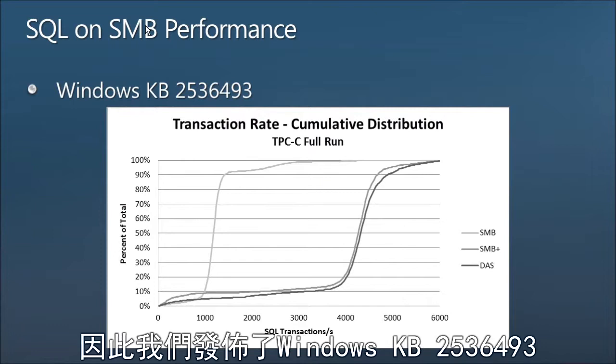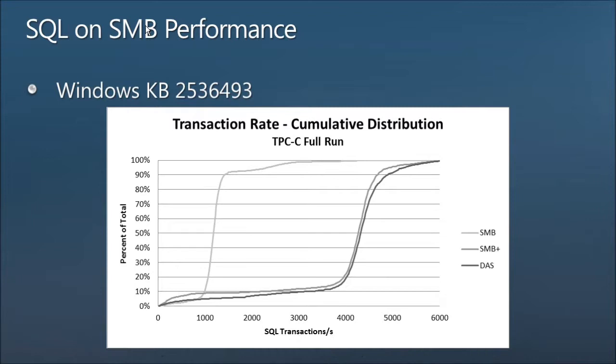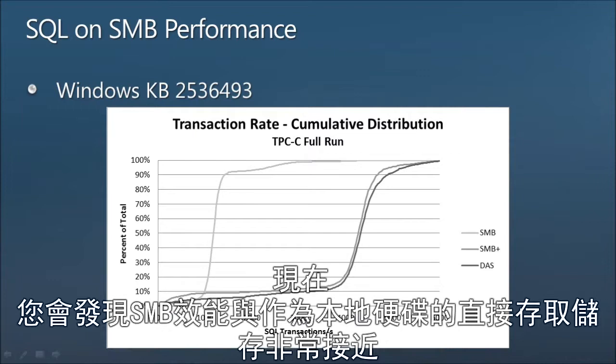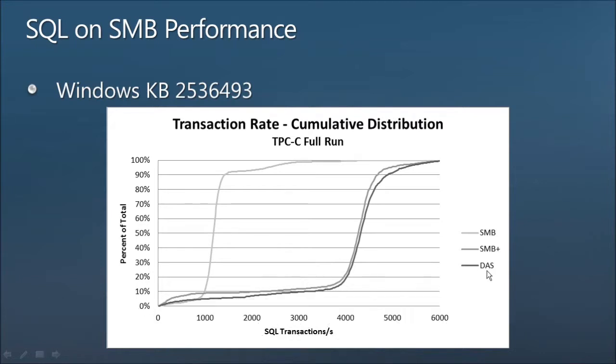So there's a Windows KB 2536493. This KB fixed the performance issue of the file server. So right now you can see the SMB performance is very close to the direct attached storage, which is the local disk.